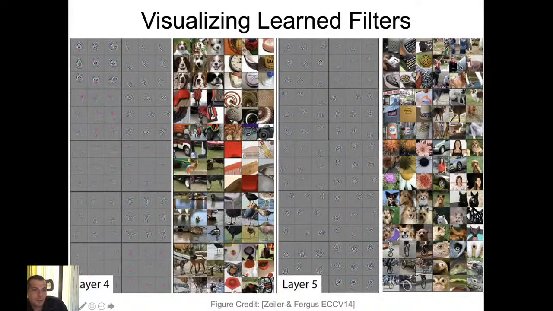Then in the fifth layer we have even more complex and bigger body parts. Here, for example, you have the upper body of a person or the upper body of a dog, the head of a dog, flowers, bicycles, and so on. So the main idea is that as we go deeper into the network, we have activations on larger object parts that are more specific to certain classes.